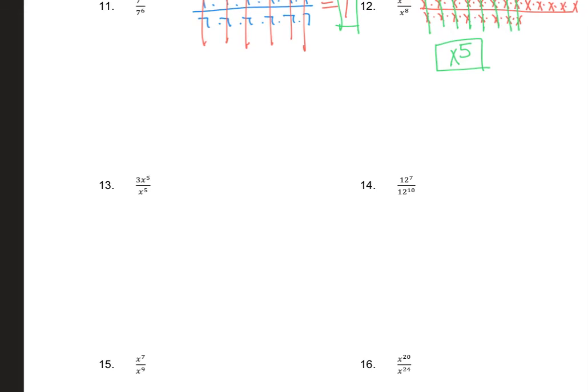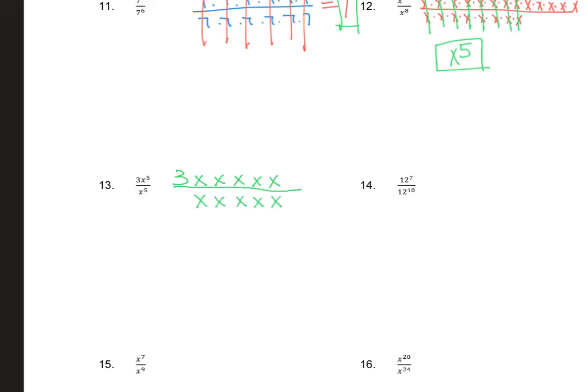All right, number 13 now. Only difference with this one is that I have a coefficient. I have a 3 on the top, and then I have x to the 5th, so I have the 3, and then I have 5 x's. On the bottom, I have 5 x's.